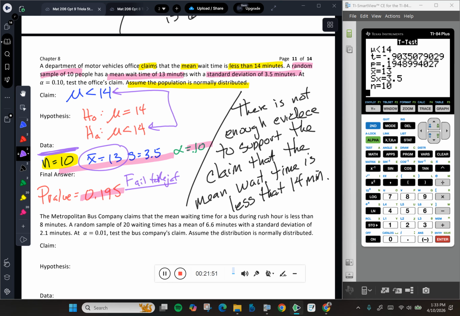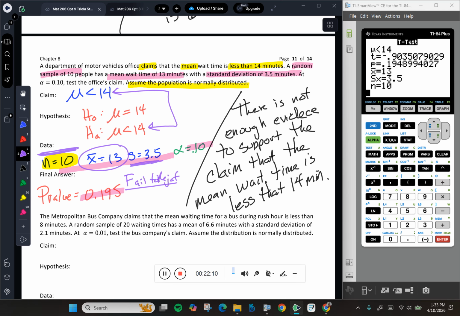We are not far enough left of middle being 14 here, to get us into that rejection region. Right? It also has to do with this being a fairly large standard deviation for a mean of 13. Right. Let's try another one.